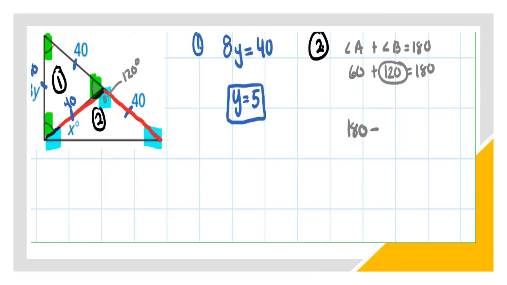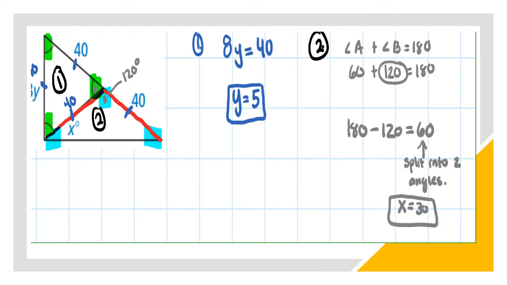Now we're going to use that to help us find the measurements of the base angles. If you know that all three angles in a triangle need to add up to 180, and you know one of them already, let's find out what the remaining part will be, which is 60.